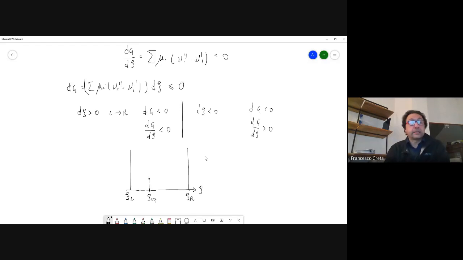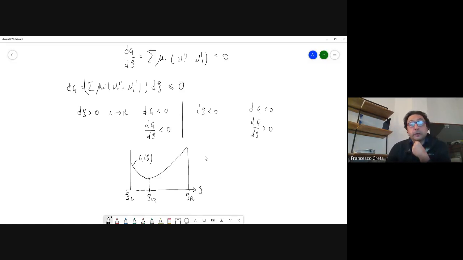On the left of this, we will have a negative slope, and on the right, we will have a positive slope. Something like this. So this is essentially my function G of psi.